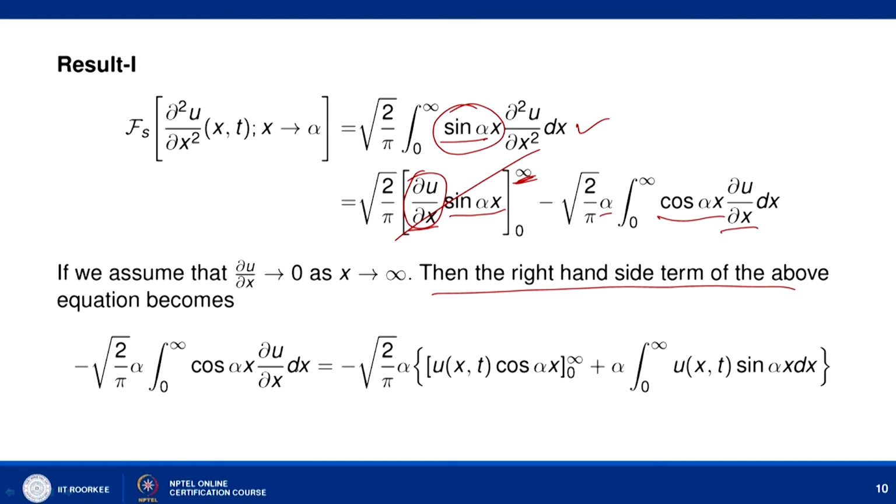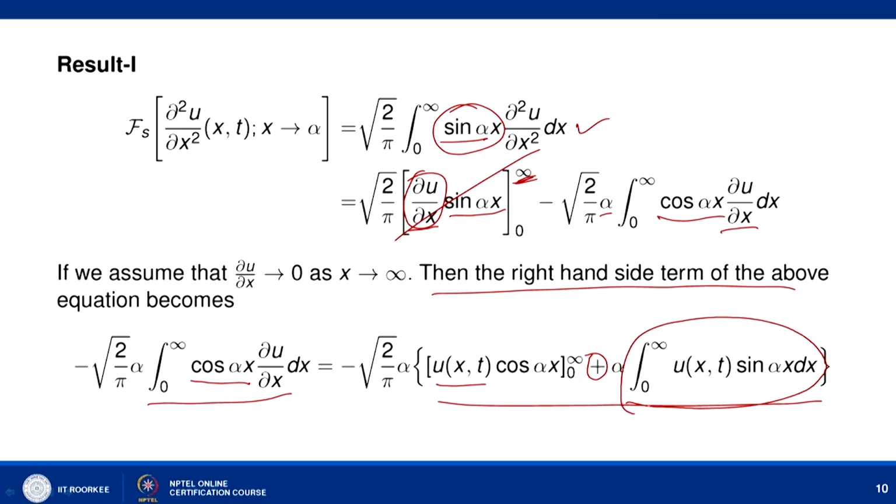Now again we apply integration by part, and we can write minus root 2 upon pi α into a bracket: cos αx times the integration of ∂u/∂x, that is u(x,t), plus α integral from 0 to infinity of the differentiation of cos αx, that is minus sin αx, times u(x,t). So minus becomes plus, and this is basically the Fourier sine transform of u(x,t).